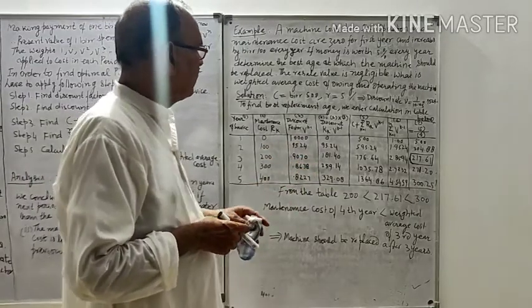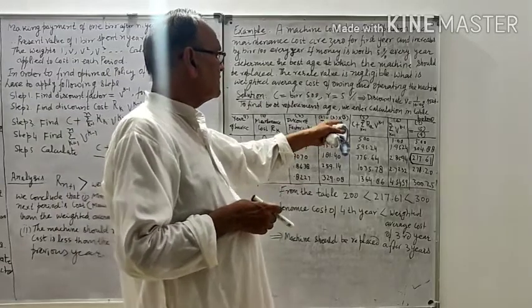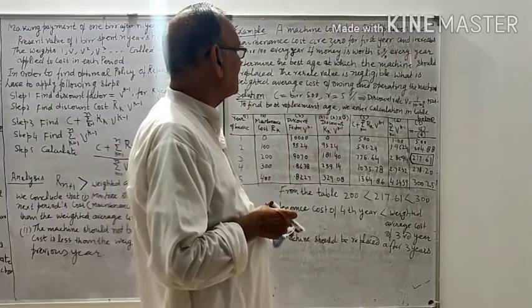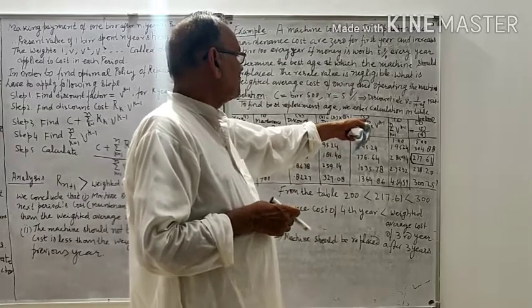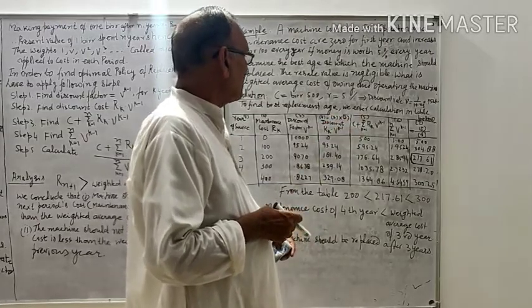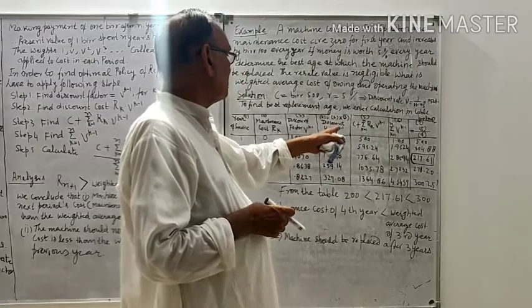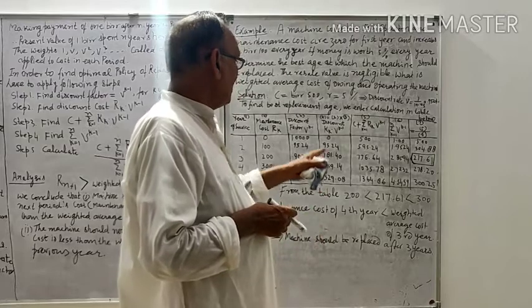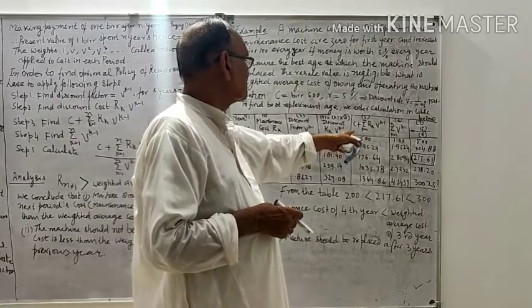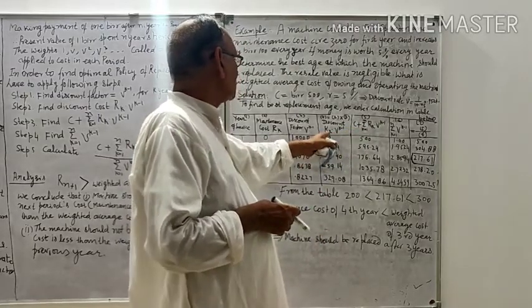And now C plus the sum over k is equal to 1 to n of Rk into V raised to the power k minus 1. Of course, here k is equal to 1 to 5 and n is equal to 5. And now it is C plus this.